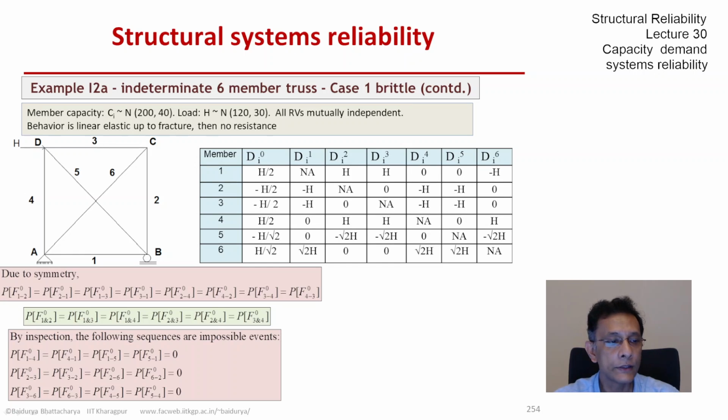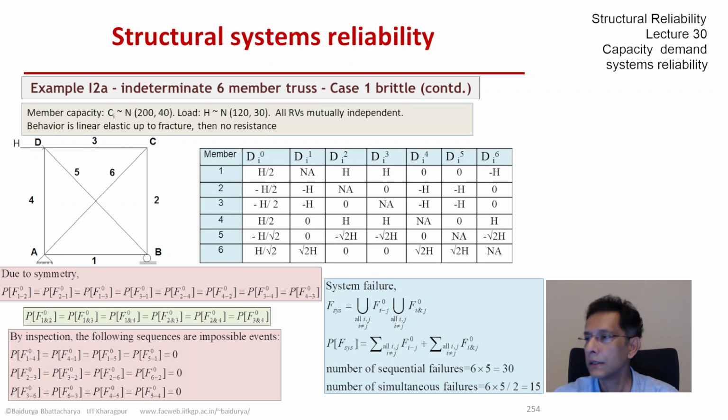So that sequence 1-4 and 1-5 obviously is not going to happen. So that's why we see some of those easily identified zero probability sequences, P of F01-4, F04-1, all of those have zero probabilities, and it's good to know them because we won't have to worry about them, we don't have to compute them, we don't have to simulate them.